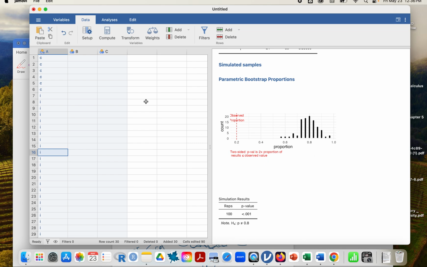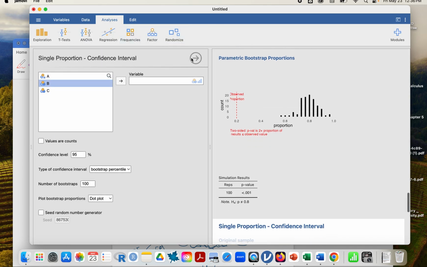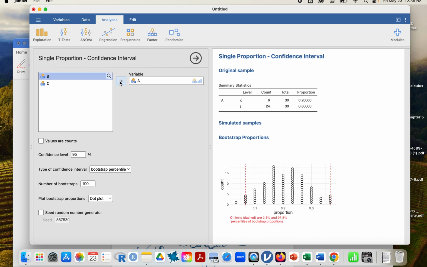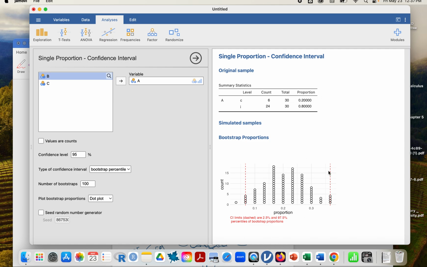Now we could do the confidence interval as well. I'll do that just briefly. Randomized confidence interval. We'll pop that in. Now, our class average was 80%. This is built off of the idea of guessing.